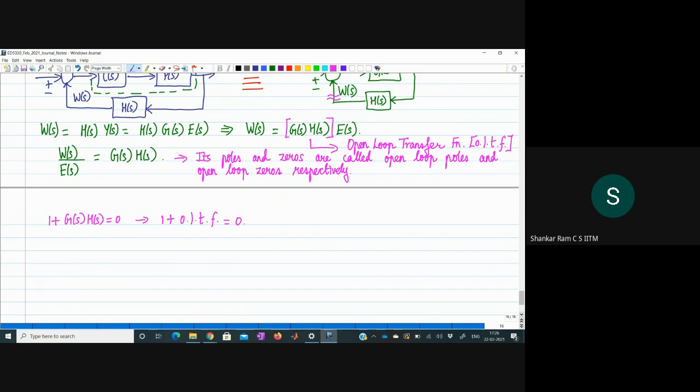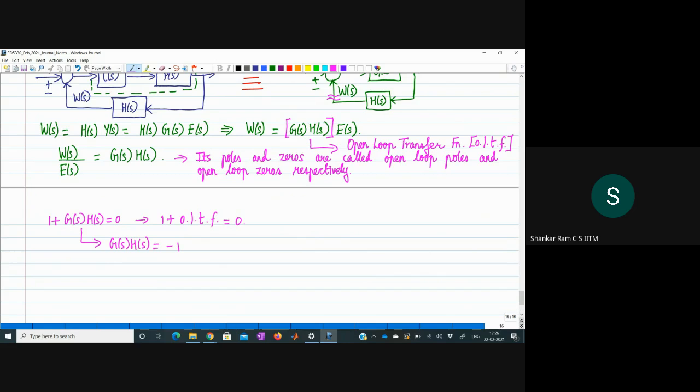Let me essentially comment on that. If you look at 1 plus open loop transfer function equal to 0, this essentially means that if I rewrite the same equation as g of s h of s equal to -1, okay? So that's how it can be rewritten, right?